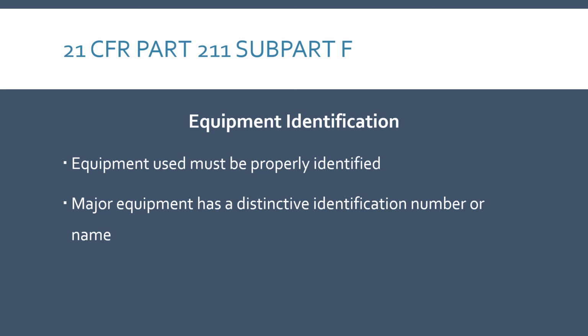In cases where only one of a particular type of equipment exists in a manufacturing facility, the name of the equipment may be used in lieu of the distinctive identification number or code. So as you can see, subpart F is very specific in the rule for utilizing equipment used in the compounding.